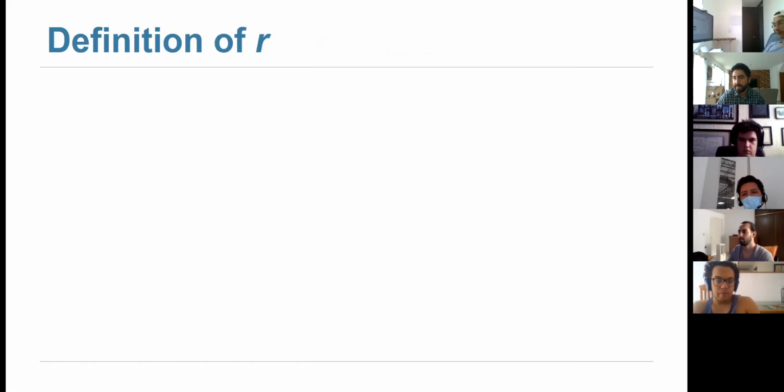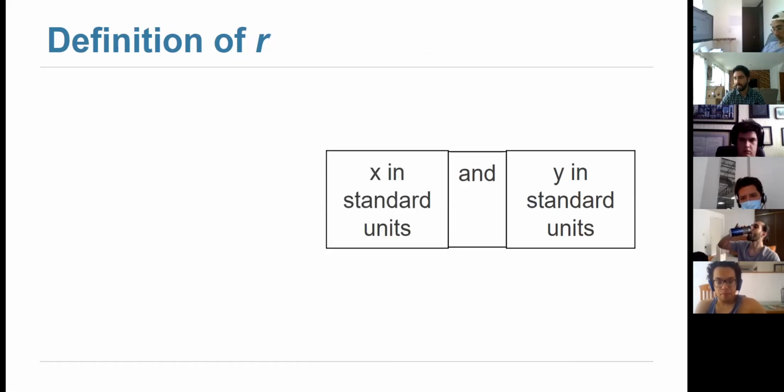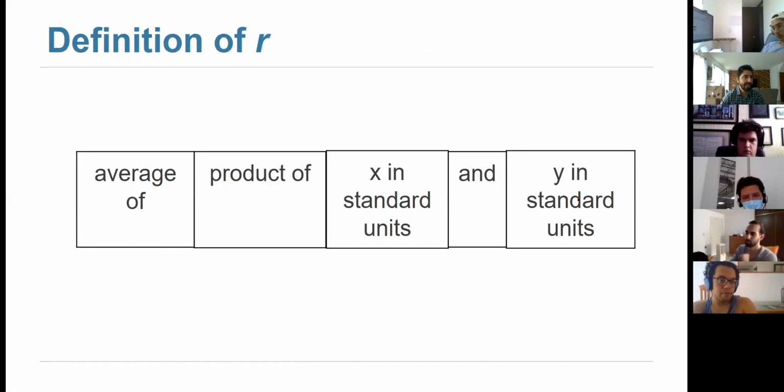What I showed you there is just the definition, but how can we calculate it? We take x in standard units and y in standard units, get the product of x and y in standard units, and take the average of it. That gives us the R value.